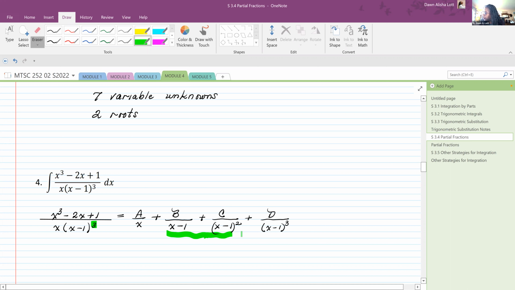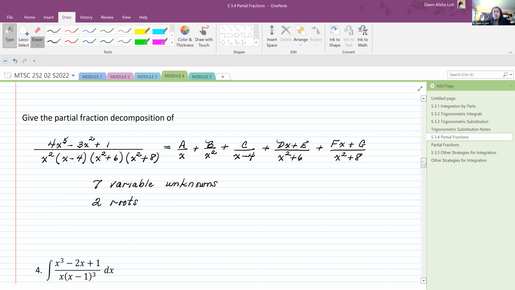Alrighty. So why? If you scroll up, you have after C, you add DX plus E and FX plus G. Okay, so that was what we just did. So that's the irreducible factor. So we have x squared plus 6 and x squared plus 8. They are irreducible. Okay, I understand.